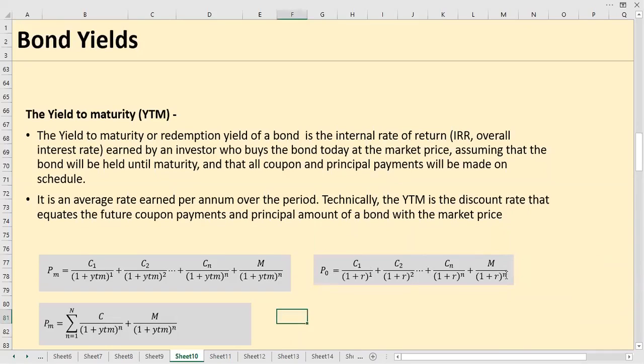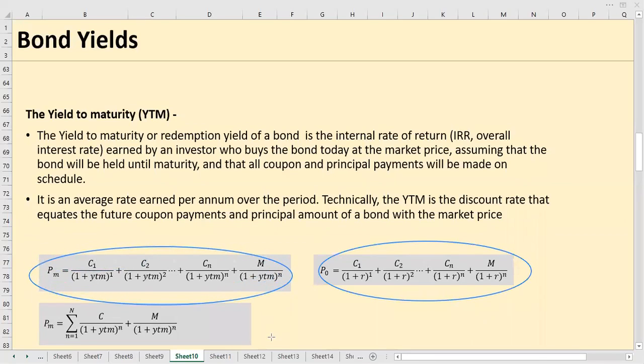This was the formula that we used to calculate the value of the bond. Now this is the formula that I have introduced for you to calculate the yield to maturity. It's the same thing if you look carefully.